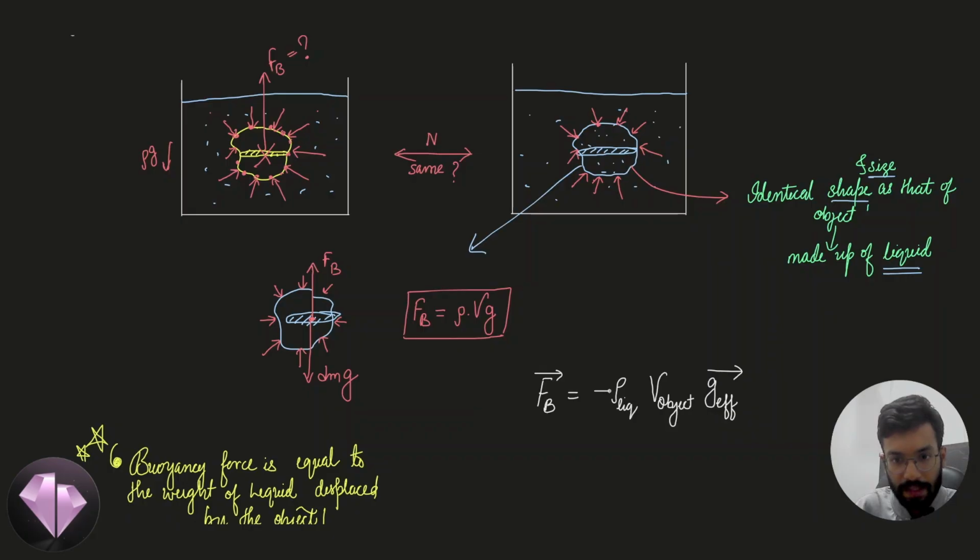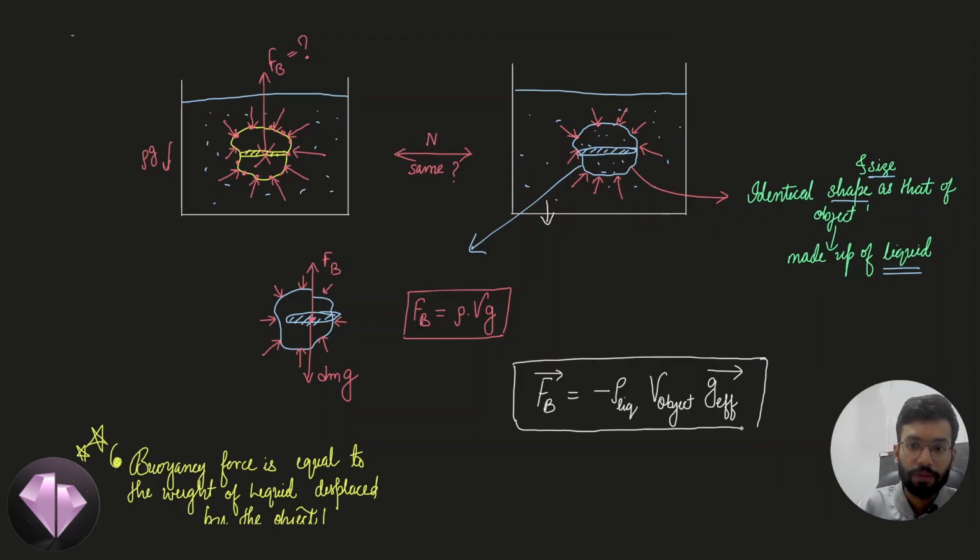So I am putting a minus sign here because g effective अगर नीचे है, so Buoyant force is acting upward on the object. So this is the formula you have to remember for the Buoyant force, which says Fb is equal to minus rho Vg. Rho is the density of the liquid, V is the volume of the object, g is the g effective.